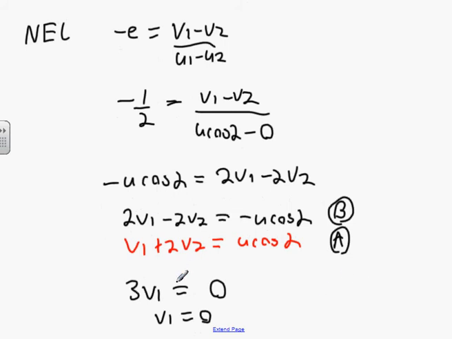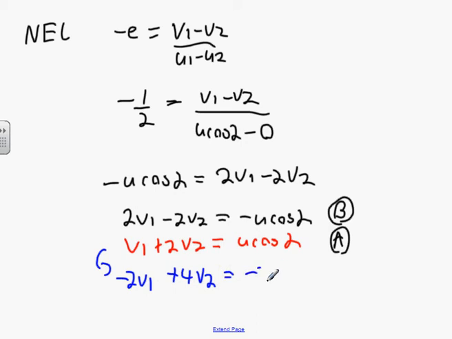Now, I don't usually tend to substitute in. I find it's actually just easier to solve the simultaneous equation than substitute in most of the time. So I'm going to multiply by minus 2. I'll do it underneath, modifying this equation here: minus 2v1 plus 4v2 minus 2u cos alpha.